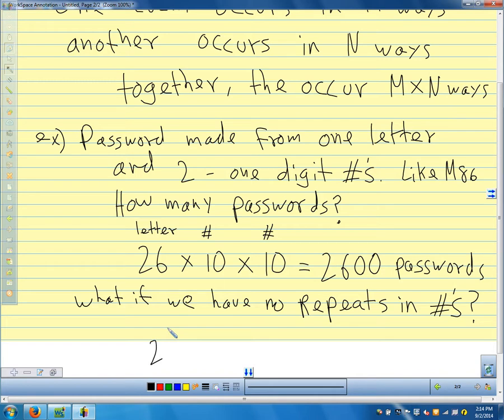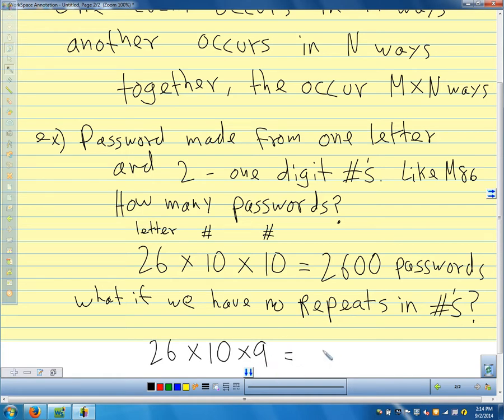Close. So let's break it apart again. Does it change how many letters we can pick? Now we can still pick 26. How many choices do we have for that first one-digit number? 10. All right, we can't repeat. So how many do we have left to pick from? 9.